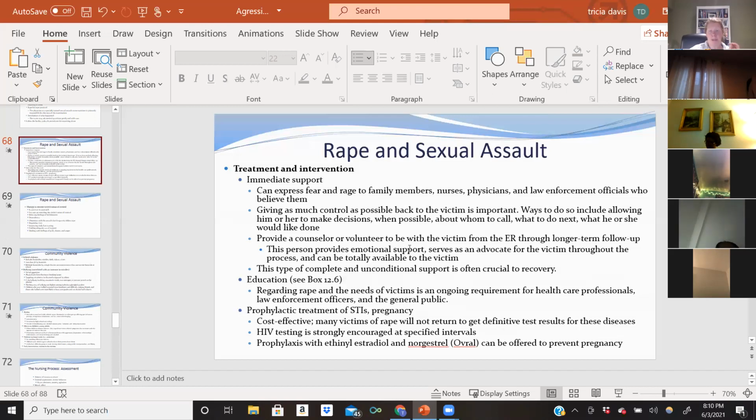We can be an advocate for the patient and make sure that they have a counselor or a volunteer to be with that victim in the hospital throughout their process after discharge. So this person would be their personal advocate that would come and advocate specifically for their needs. They're totally available for the victim. They're just assigned to that person.